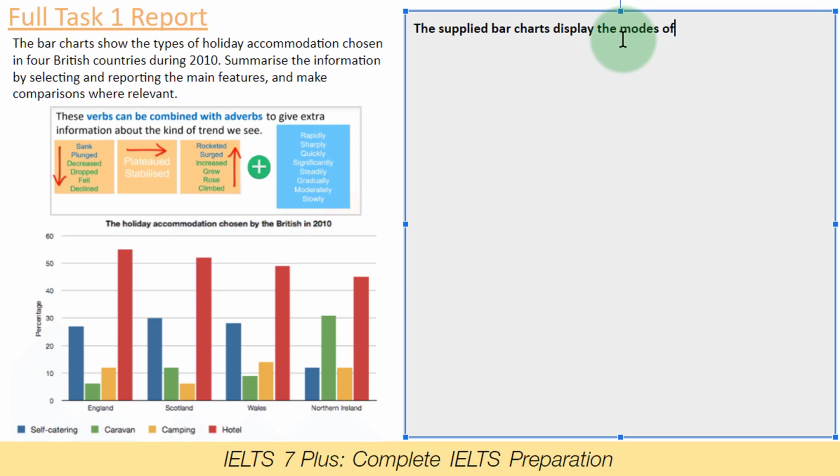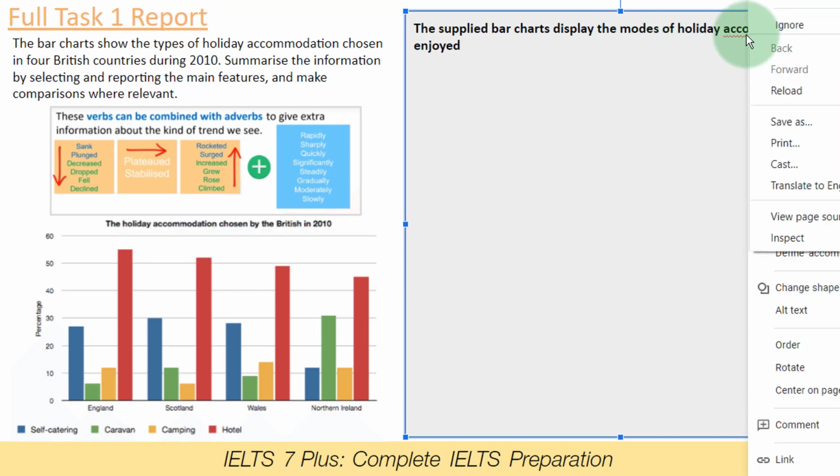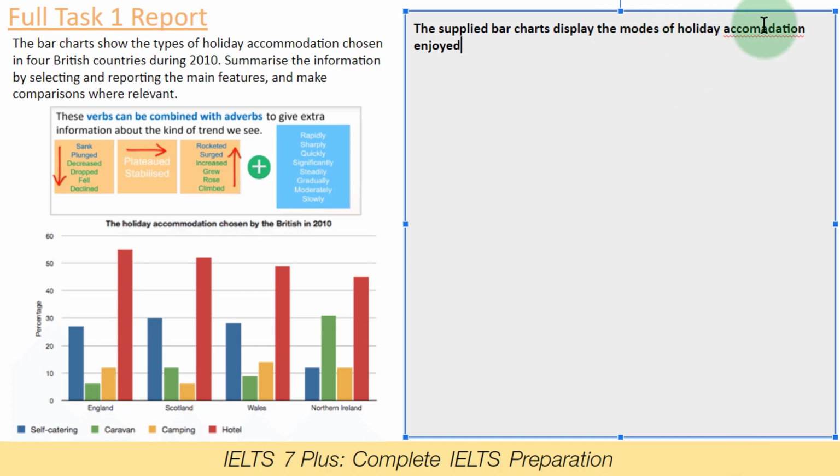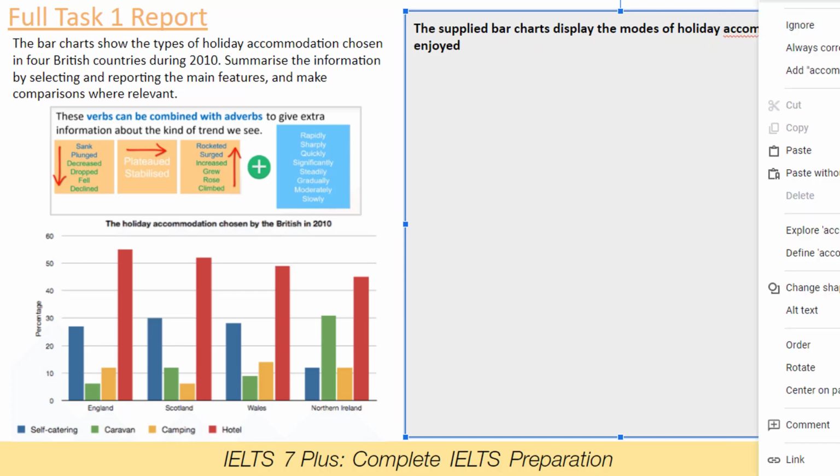The modes I'm going to use of holiday accommodation. Enjoyed, I will say. Enjoyed, it doesn't have to mean that they... let's change this, sorry, accommodation. Enjoyed, I still spelled that wrong. How did I spell that wrong?